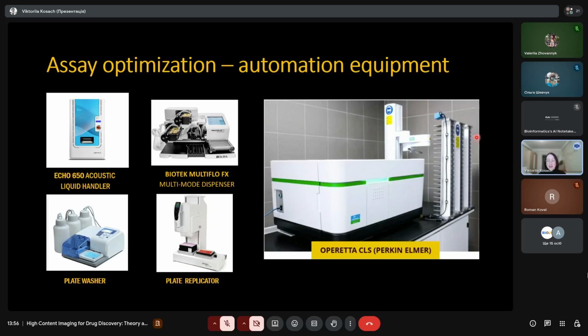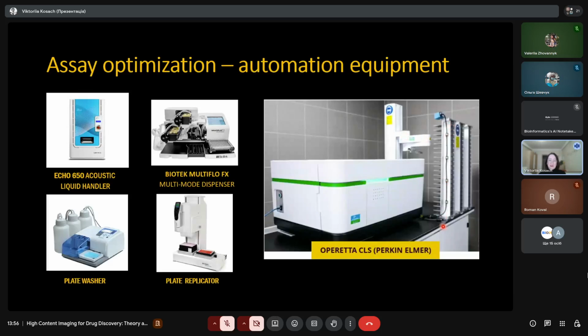For example, on the right here is the automated high content imaging microscope from PerkinElmer. And except the microscope, the platform has a robotic arm and plate holders.